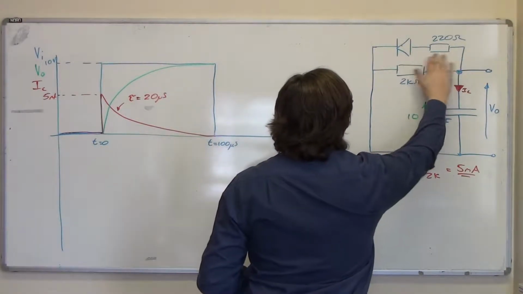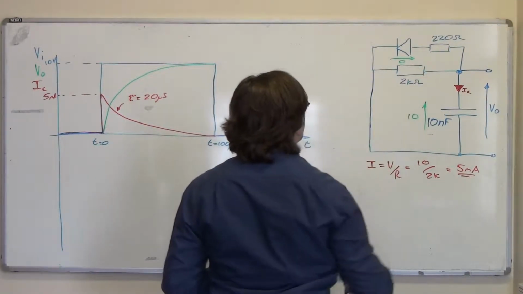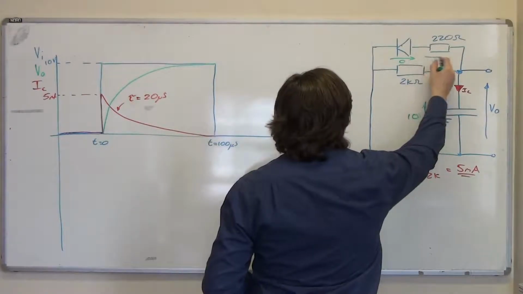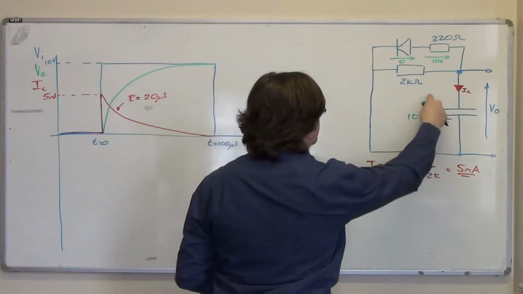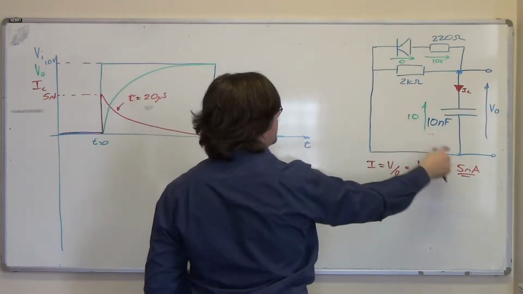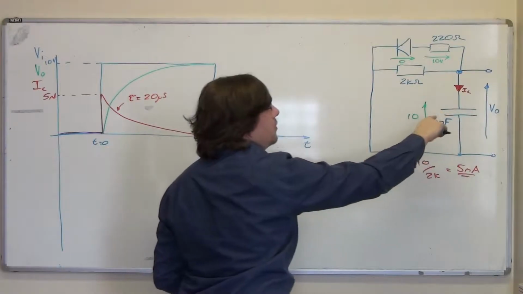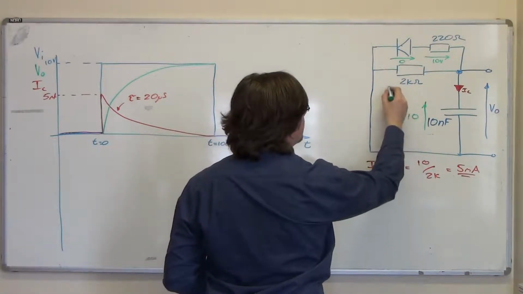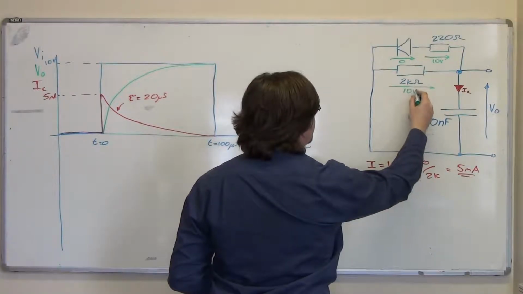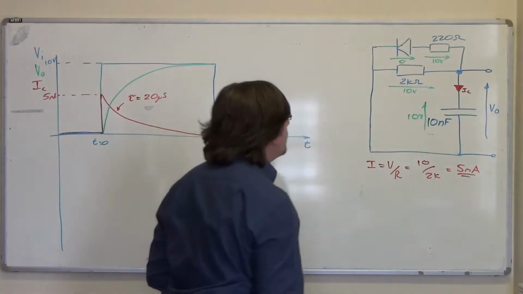So there'll be no volts across the diode, but there will be a current flowing, which means that we should have 10 volts across this resistor, because we've got 10 volts here and this is connected to that end. There's nothing here, so this resistor is in fact in parallel with the capacitor. Similarly, this resistor is in parallel with the capacitor as well, so we'll have 10 volts across that one as well. Sorry, that's a volt sign there.